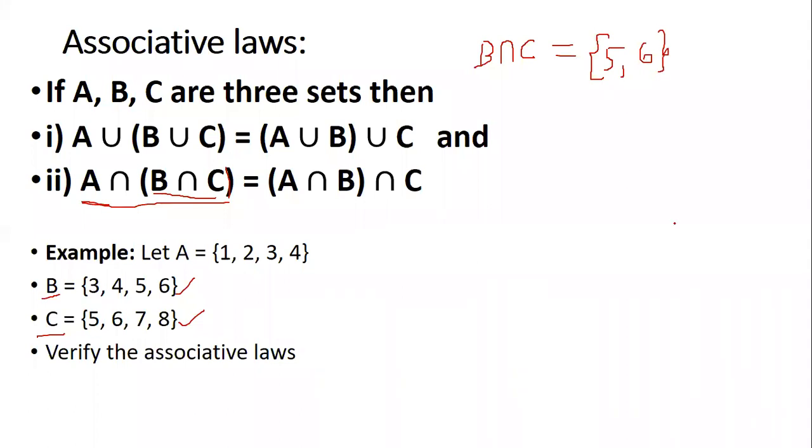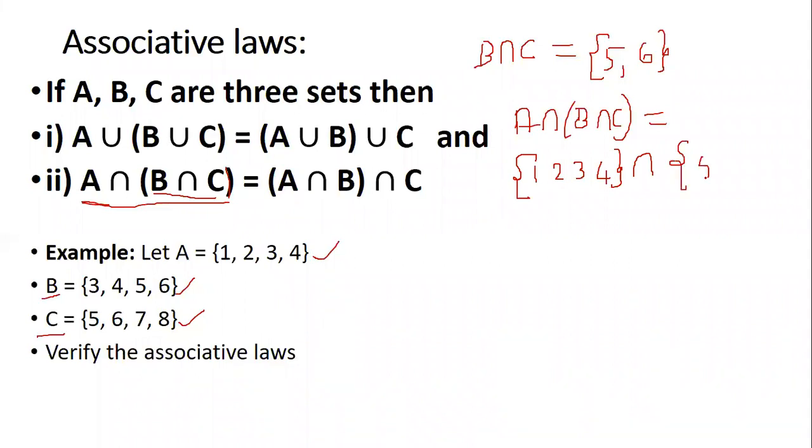Okay. Now comes the actual thing. Now B intersection C is available. Now set A is also there. Now A intersection B intersection C is equal to, now I know what is A, I know what is B intersection C. For our reference, I'm going to write down both the sets here. 1, 2, 3, 4, this is set A. Intersection set B intersection C is 5 and 6.